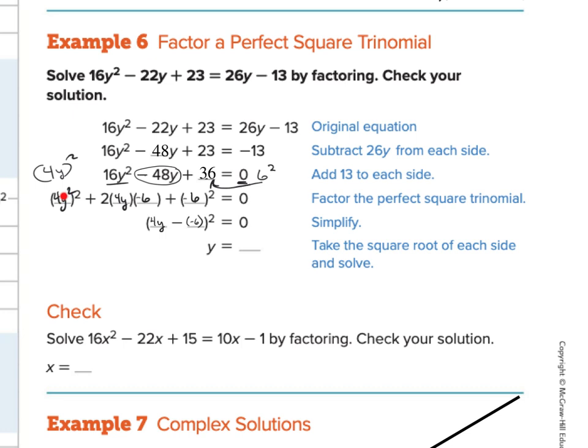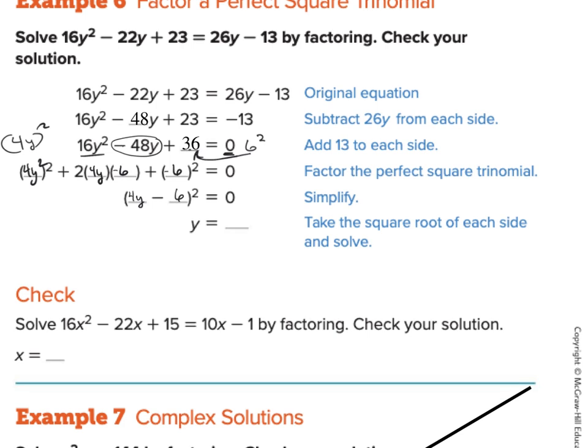Negative 6 squared is going to give me 36. Here I'm going to have negative 6 times 2 is negative 12, negative 12 times 4 is negative 48. So yeah, that's going to be my negative 6. And I guess I shouldn't have put that there, since they're saying it's negative 6. It's not negative 6, it's just minus 6.